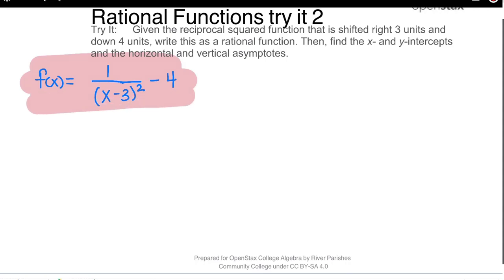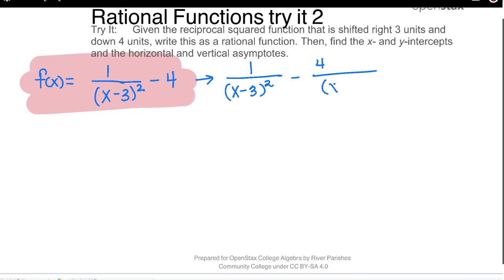So there's the function. Now we want to find the x and y intercepts and the horizontal and vertical asymptotes. To make this a little bit easier, we are going to simplify this expression. So this is 1 over x minus 3 squared minus 4. In order to subtract the 4, we need a common denominator.